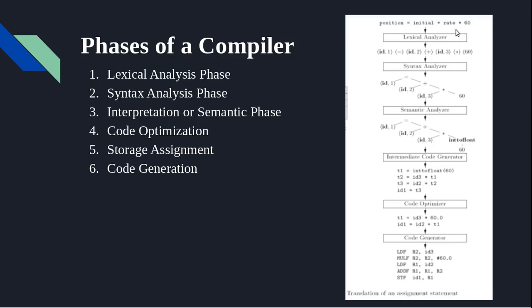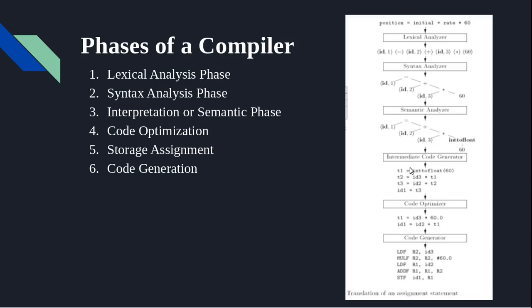Then that value will be multiplied with the identifier 3, that is rate, and stored in the second temporary variable, t2. Then t3 will be the result, that is t2 plus id2. Then the final temporary variable t3 will be stored into the variable position, that is id1. So this is the 3-address form of the given statement, position equal to initial plus rate star 60.